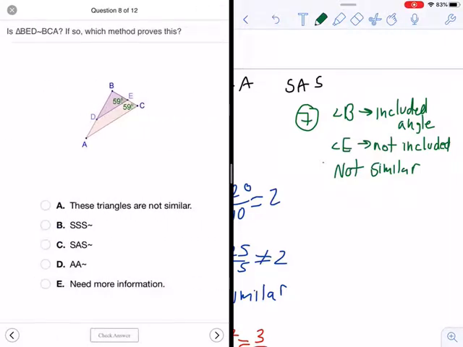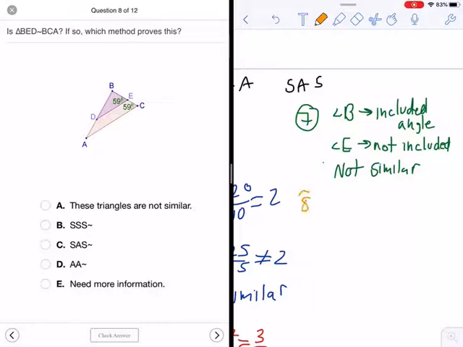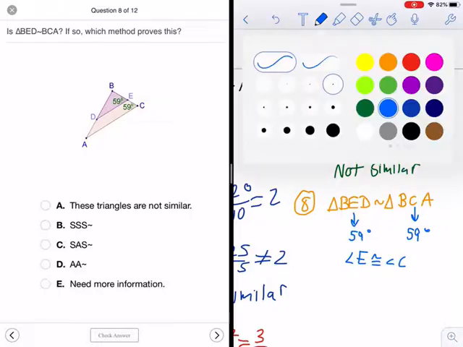These questions are really good too. They make you think. A lot of these are kind of tier 2 questions. We have triangle BED, and we can say, is it similar to triangle BCA? Clearly angle E is 59 degrees and angle C is 59 degrees, so I know angle E is congruent to angle C. They have the same measure.